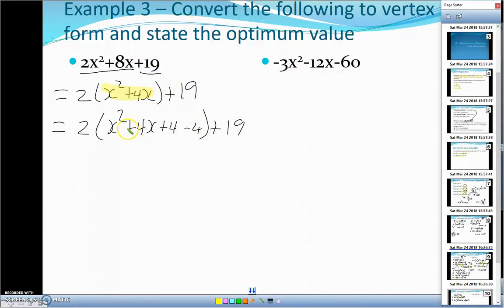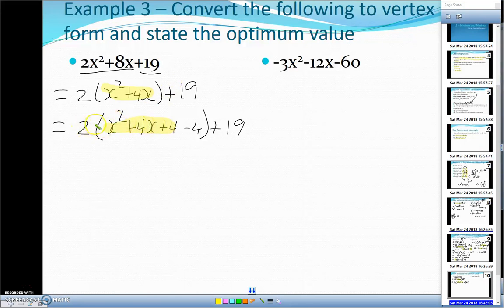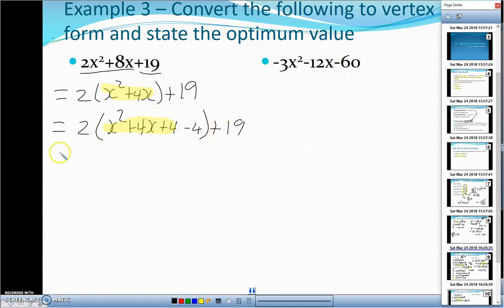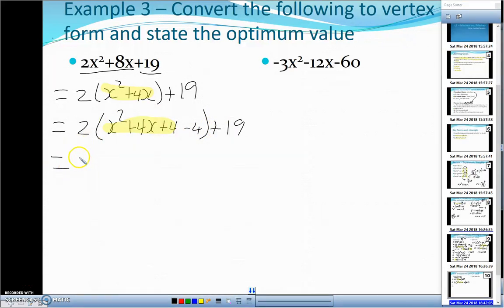But when we finally finish things off, this thing here is going to become the perfect square. And this 2 is going to multiply the minus 4. It will come on the outside of the brackets. So what this turns into is 2 bracket x squared plus 4x plus 4, the minus 4 comes out, times by the 2 becomes minus 8, plus 19.